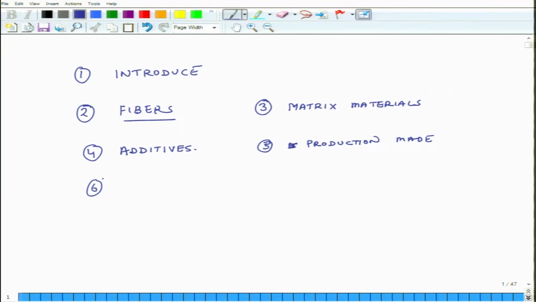Once we are done with these 4-5 topics, then we will start discussing the mathematics underlying the performance of different types of composites. First we will discuss the mechanics of short fiber composites. We will learn how to predict their strength, their modulus, and so on. Then we will discuss the mechanics of long fiber composites.